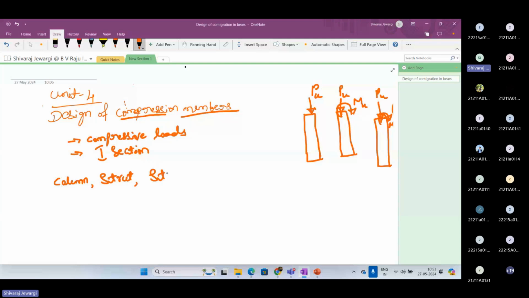So these are the different names of a compression member in steel structures. Those are column, strut, stanchion. So these are the three different names.